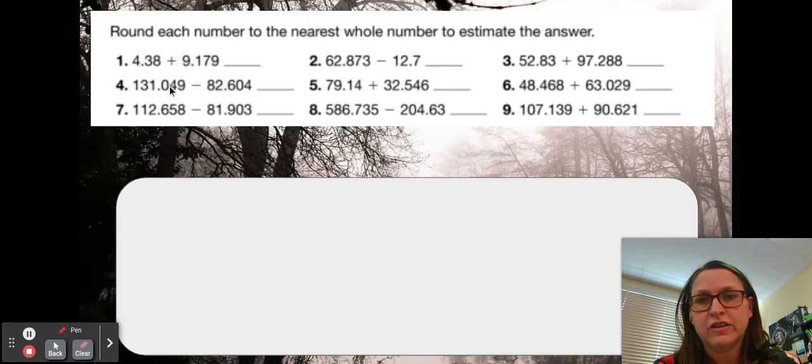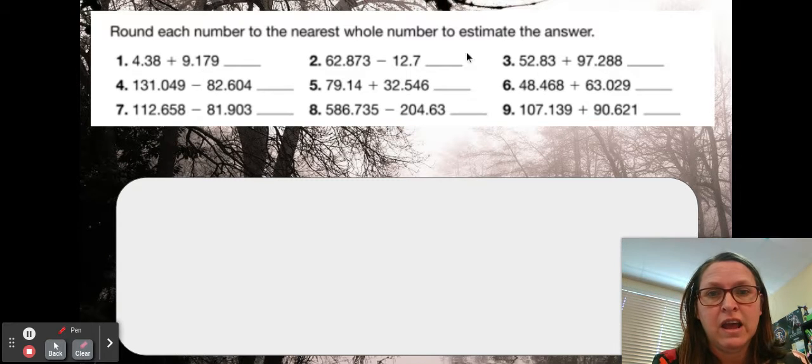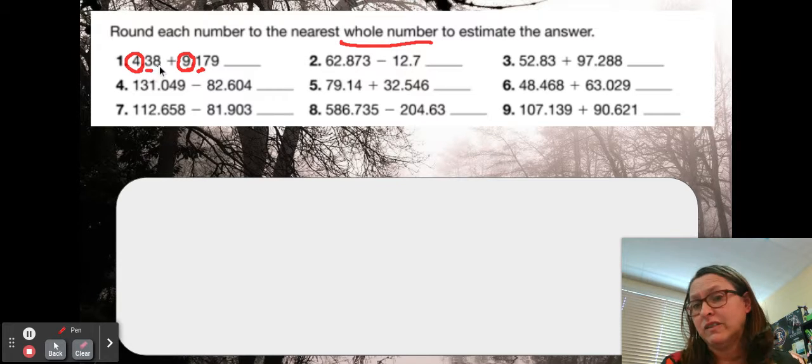So if I have 4.38 and 9.179, and I am rounding to the nearest whole number, I am looking at the whole number, the ones place. So this one I am looking at the 4, and this one I am looking at the 9. And I'm going to look at the number right next to it.